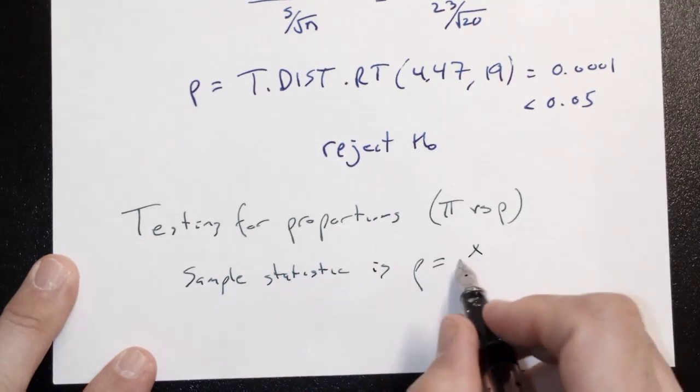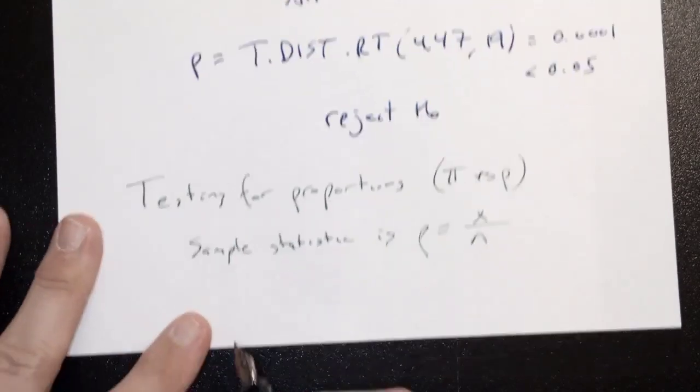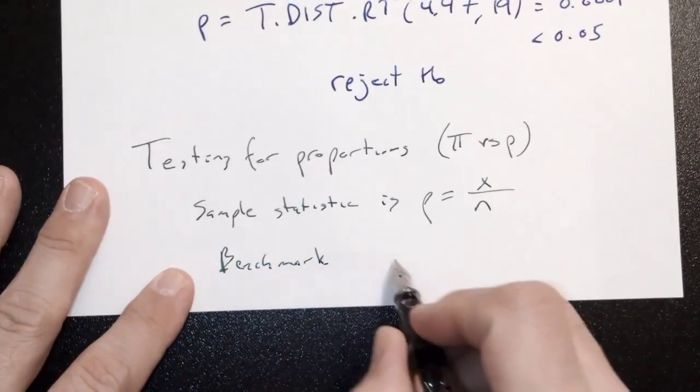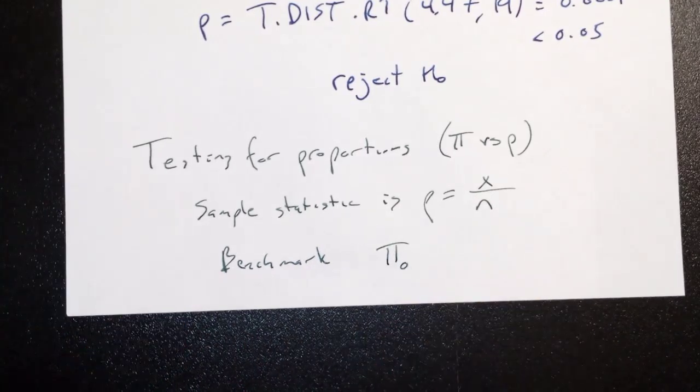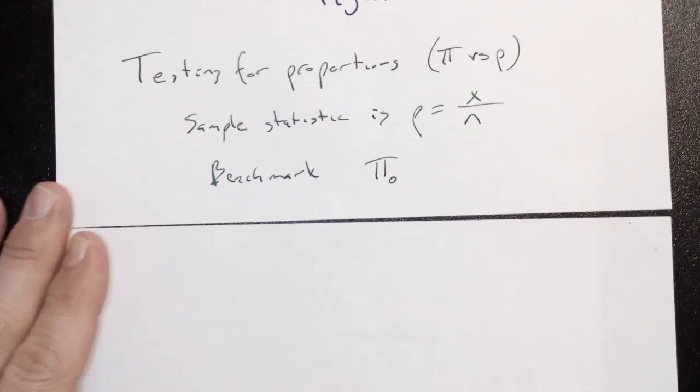Okay, so my sample statistic is the proportion I actually calculate. And our assumption is that we are going to check that against our benchmark, some known proportion. Whether that's based on history or an estimate or expert opinion or something.